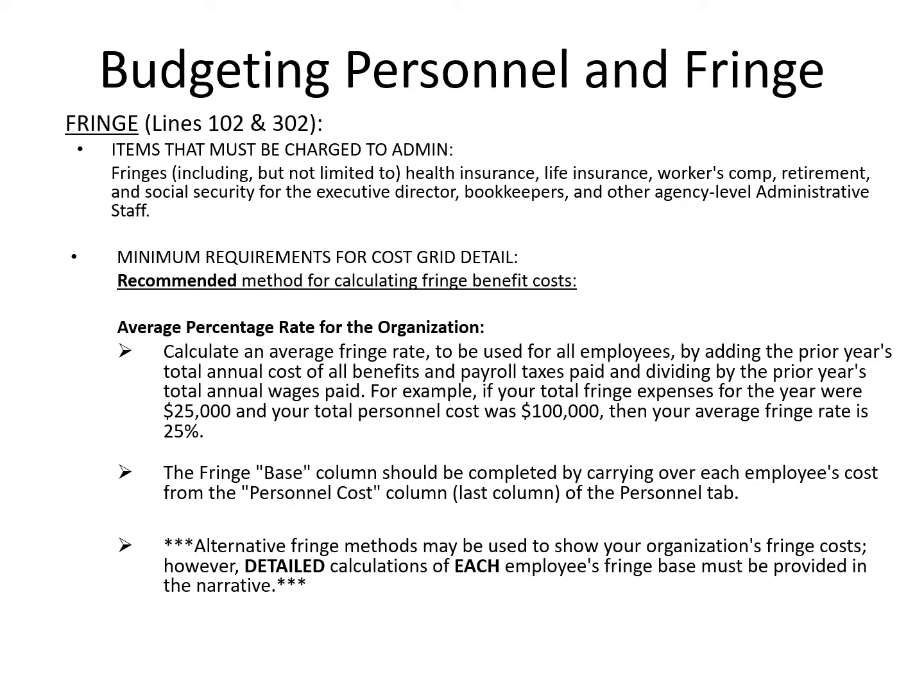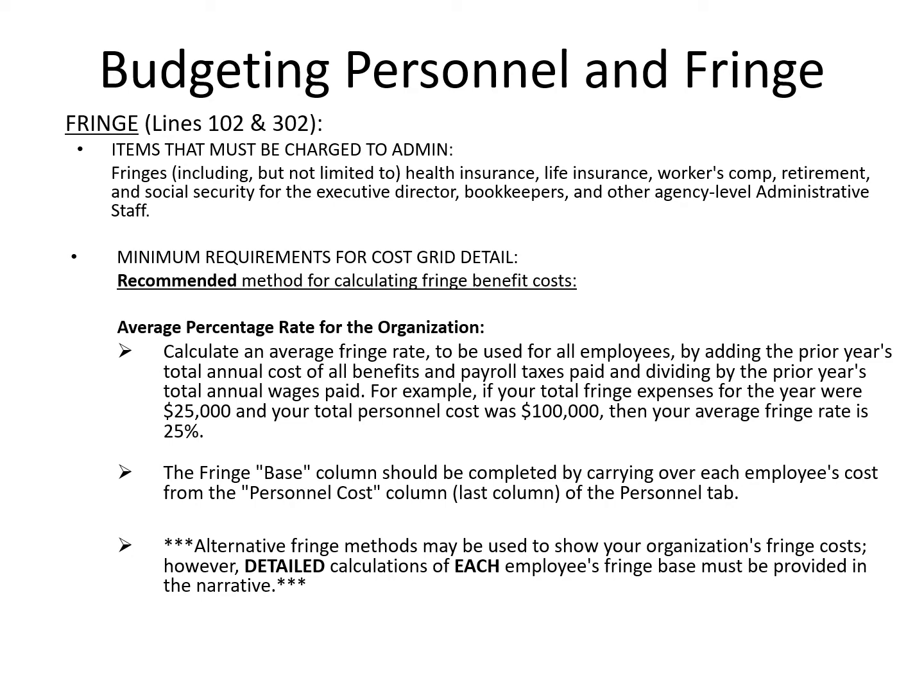So in order to try to simplify this budget line item and the budget review and minimize the amount of times we need to send these back to grantees for corrections, we've come up with an approach that we recommend that we think will still create a reasonable estimate of the fringe cost for your budget, but make the budget review considerably more smooth.